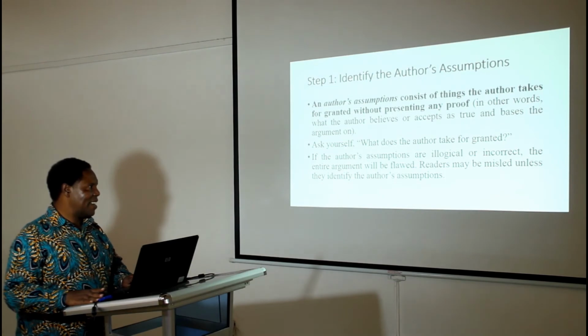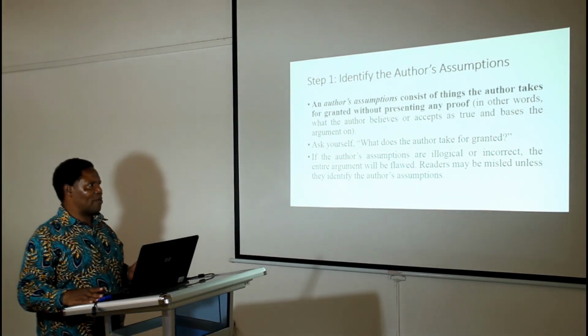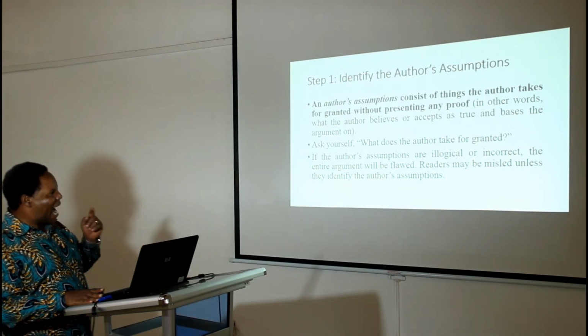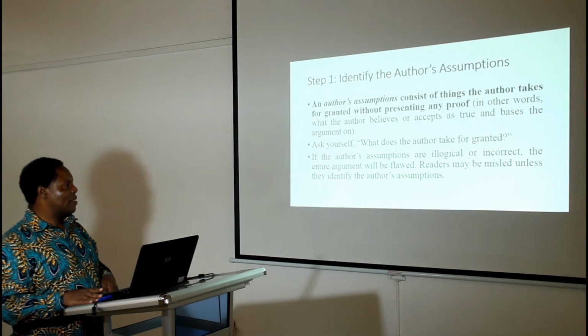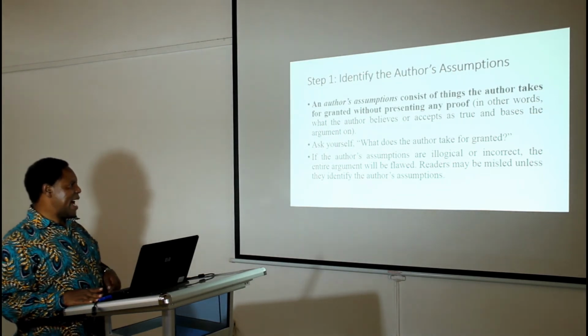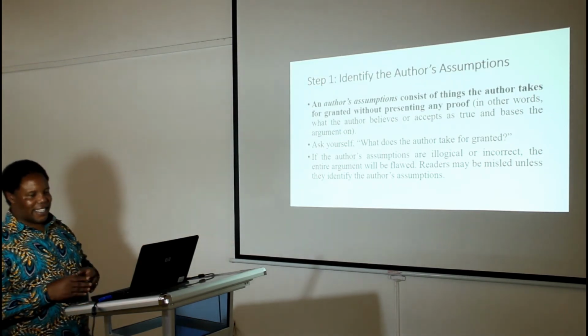In other words, what the author believes or accepts as true and bases the argument on sometimes might not be true. Ask yourself, what does the author take for granted?